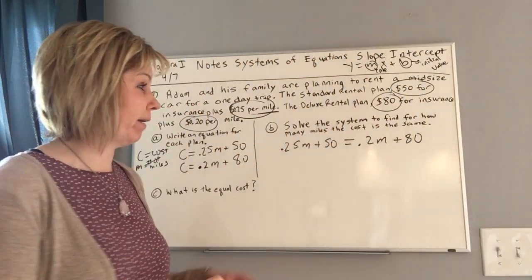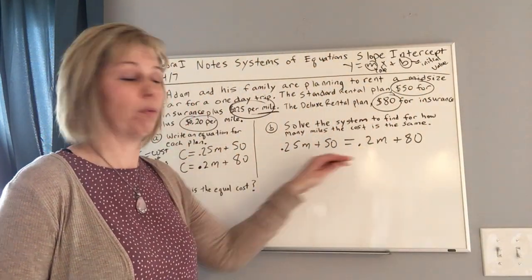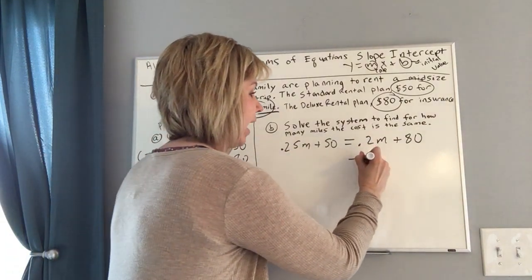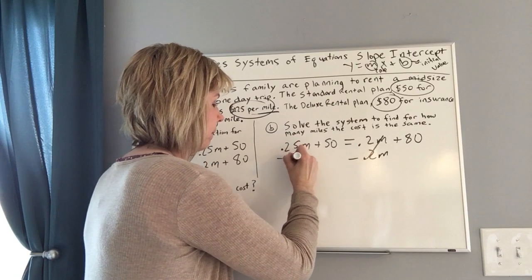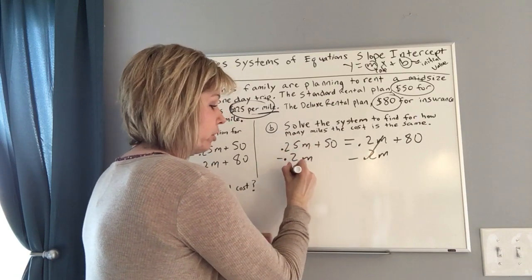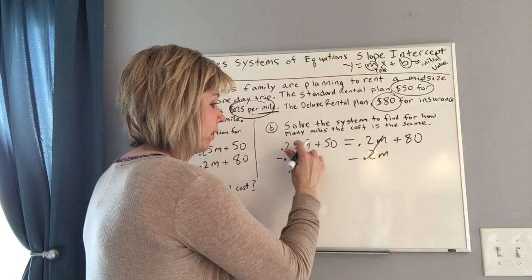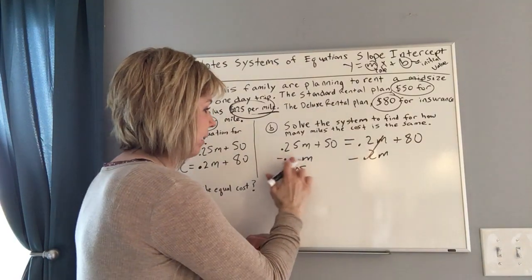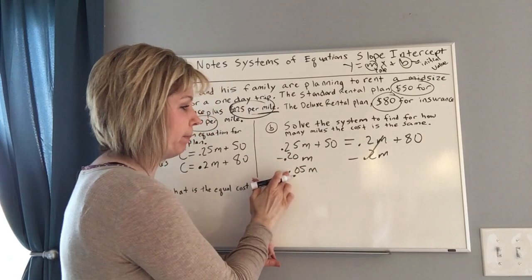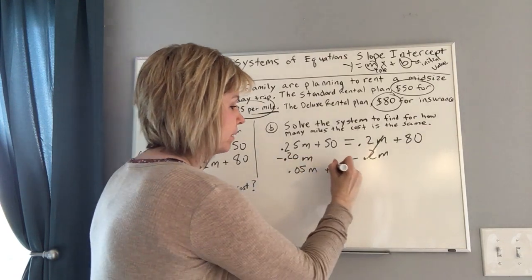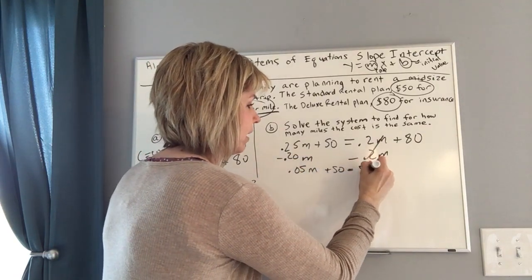And then we'll solve it. 20 cents is smaller than 25, so I'm going to subtract 0.2m from both sides. 25 cents minus 20 cents would be 5 cents, so it'd be positive 0.05m plus 50 equals 80.